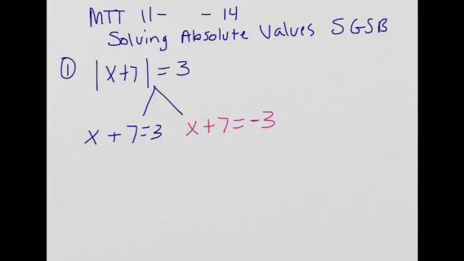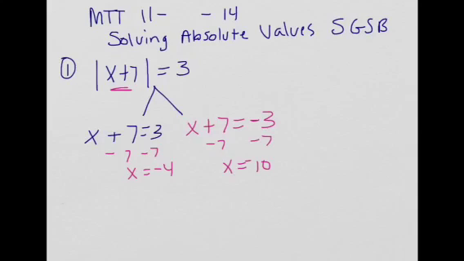Because we know the absolute value of 3 could be 3, but we also know that the absolute value of negative 3 could be 3. So inside the absolute value, we can have a positive 3 or a negative 3, so we're going to solve. We're going to zero pair out the 7, so x can equal negative 4, and zero pair out the 7, and x can equal negative 10.